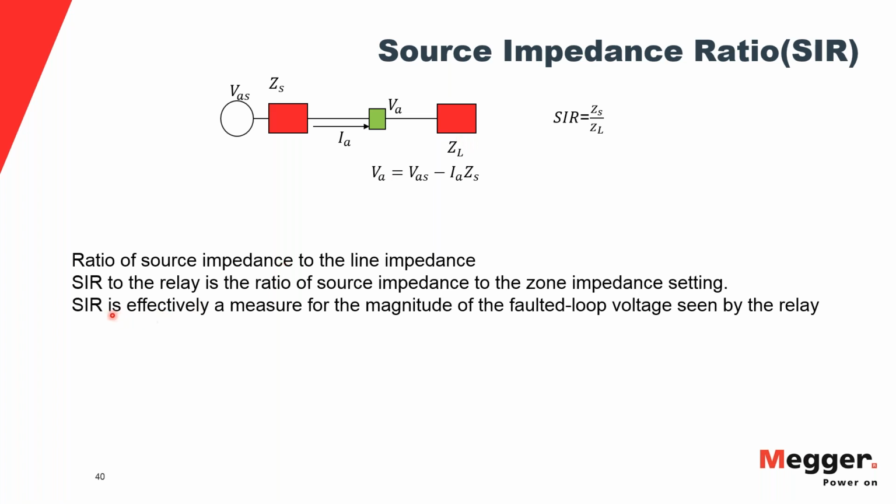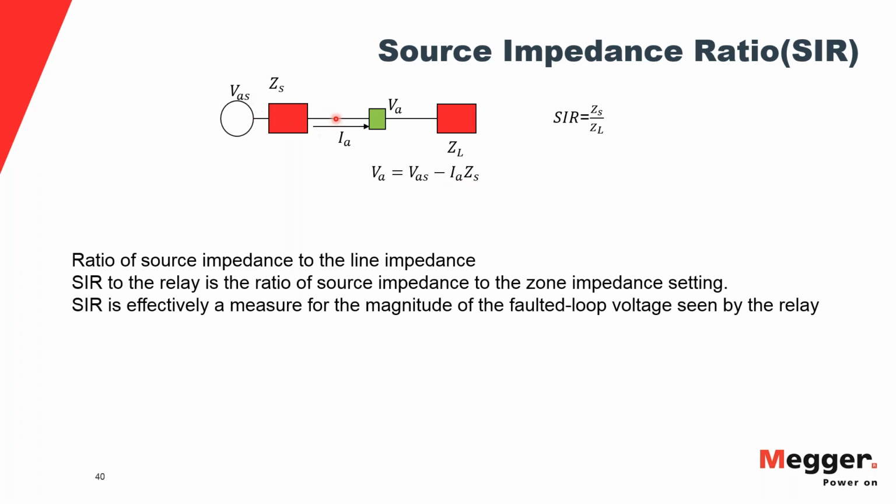Now, the SIR is a measure of the magnitude of the faulted loop voltage seen by the relay. Why? Because the voltage that the relay is measuring is going to be equal to the voltage at the source minus the current times the impedance of the source.